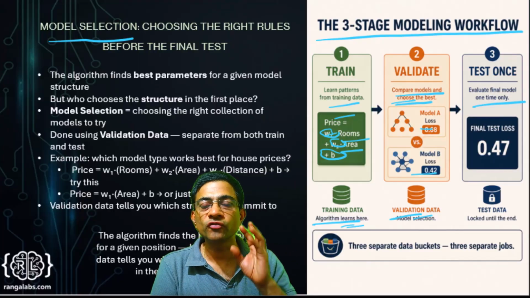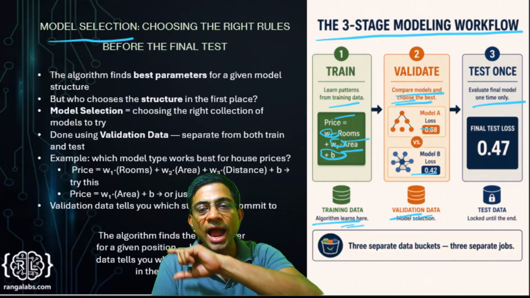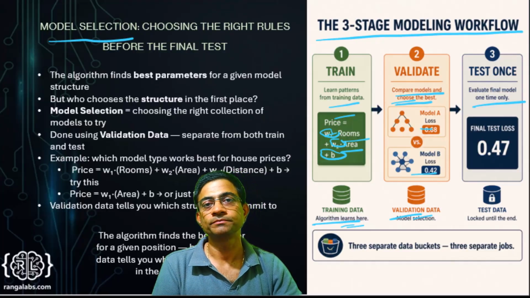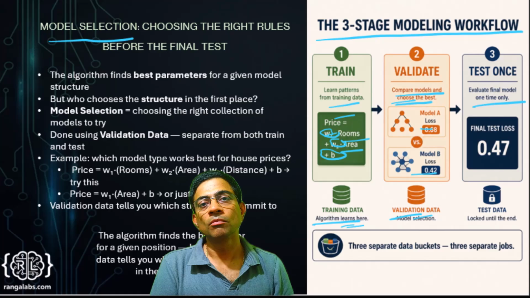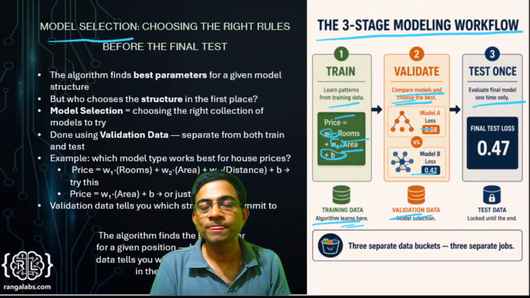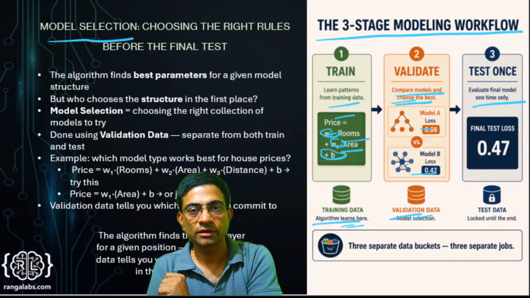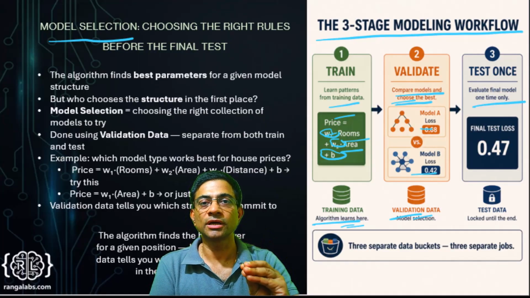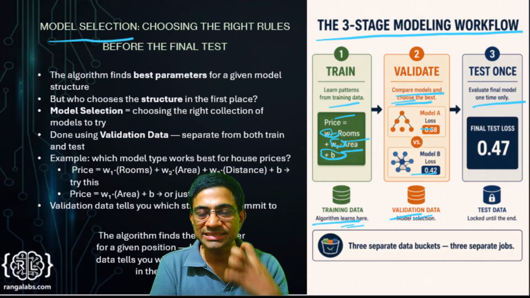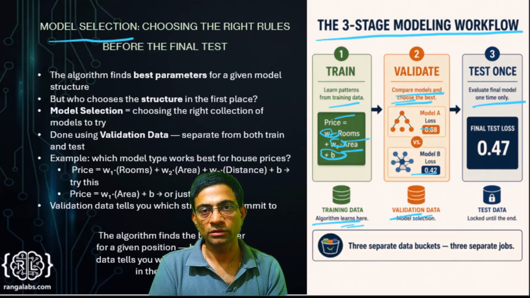If you are not happy with the test results, you have to go back to the first stage, retrain all the models with the algorithm, do the whole process again, and then come to the test data. You cannot by any means use the test data to validate or train. The whole sanctity of the test data gets destroyed if you do that.